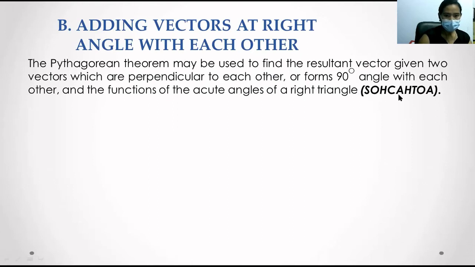Cosine of angle theta equals adjacent side divided by the hypotenuse, and tangent of angle theta is equal to opposite side over the adjacent side.